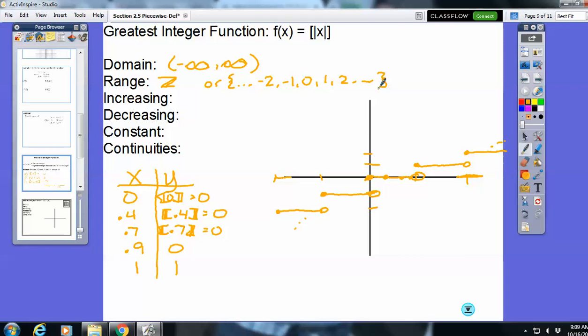Alright, is this graph ever increasing? Each step goes up, but do you ever actually have a line with a positive slope here? Yeah, all of these are constant. So there is no increasing or decreasing. It's just constant on each step.